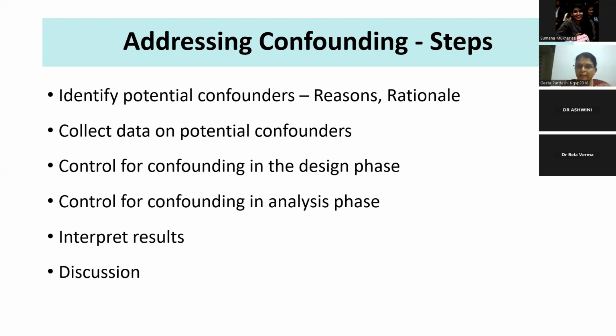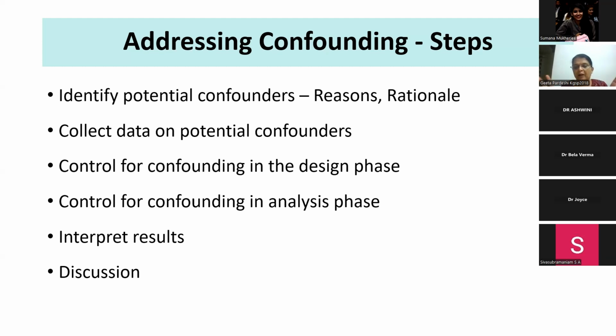You will have to collect data and you will have to control for these variables either in the design or the analysis phase, because you want to understand the pure relationship between exposure and the outcome after cutting out the mixing which is occurring. So you want to see separately, after adjusting for the confounder, what is the relationship between exposure and the outcome, and then you interpret the results and you say what happens when you address this confounding and how you have addressed the confounding effectively in your discussion.